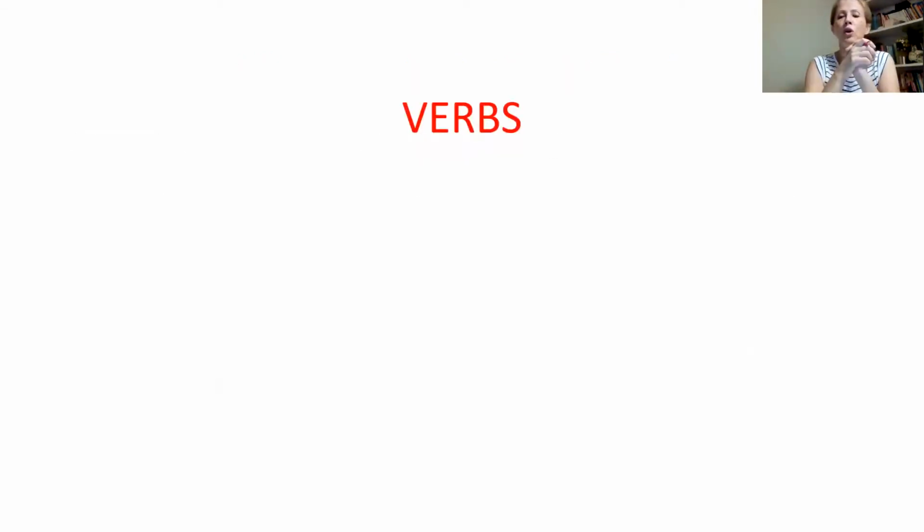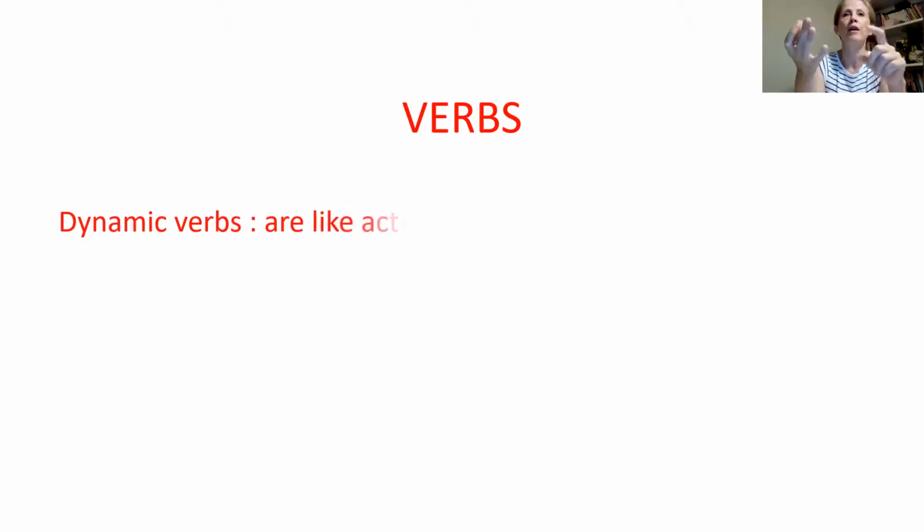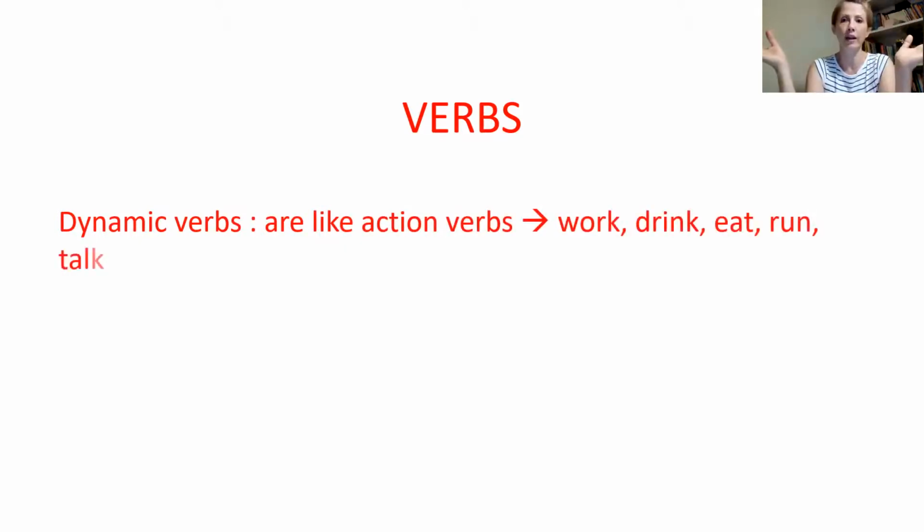Okay, now I want to talk about verbs again, like in the present perfect continuous. We don't use stative verbs in the past perfect continuous. Actually, we don't use it in any continuous tense. So again, there are dynamic verbs. They're like action verbs. Run, walk, talk, eat, sing, dance, drink.